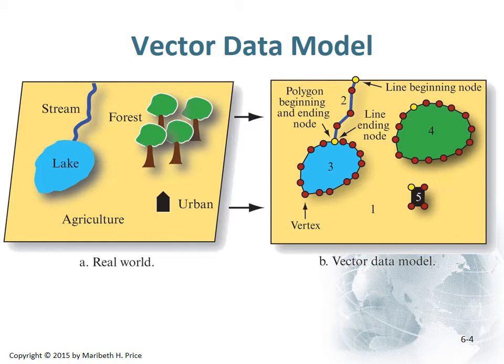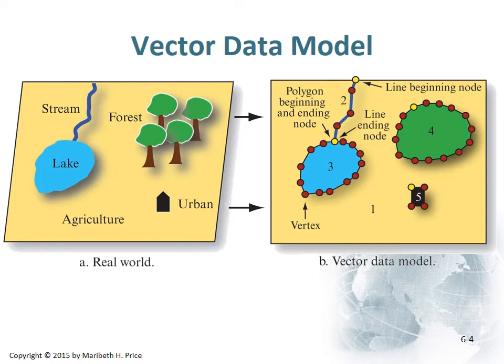Over on the forest, it's another polygon. It's an area describing the forest that has a start node, another series of vertices, the end node, enclosed and describing that area. Another area feature would be the small urban area, in this case being described by a polygon rather than by a point location for the city.